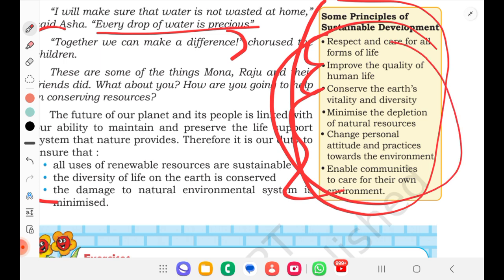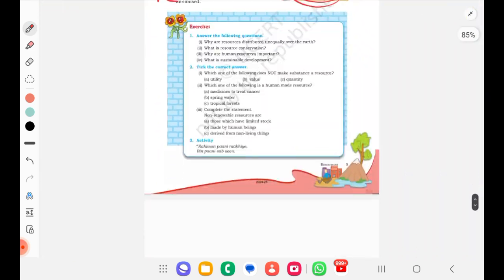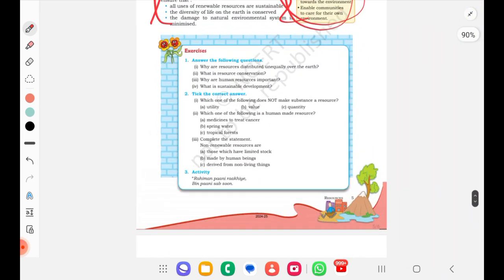These are some of them: we should care for all human beings and all living beings and improve the quality of life of human beings, conserve resources, minimize depletion, change personal attitudes towards good environmental practices, and enable communities to care for their own environment. So that's all.